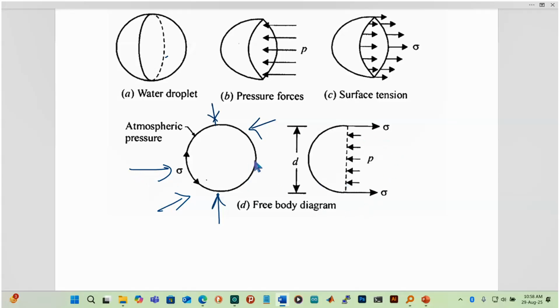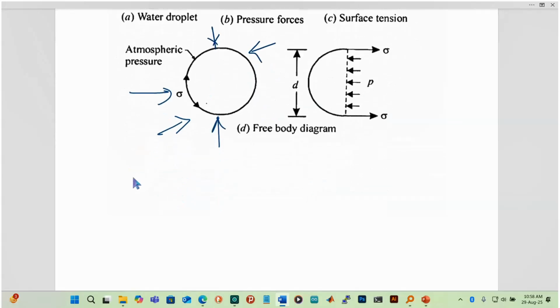Now, again, when we furthermore split this droplet, we realize in two dimensions, this is how the surface tension is going to be working, and this is how the pressure intensity is going to be, and then its geometry, we are talking about the diameter of this droplet. So we have to determine the pressure and surface tension at equilibrium.